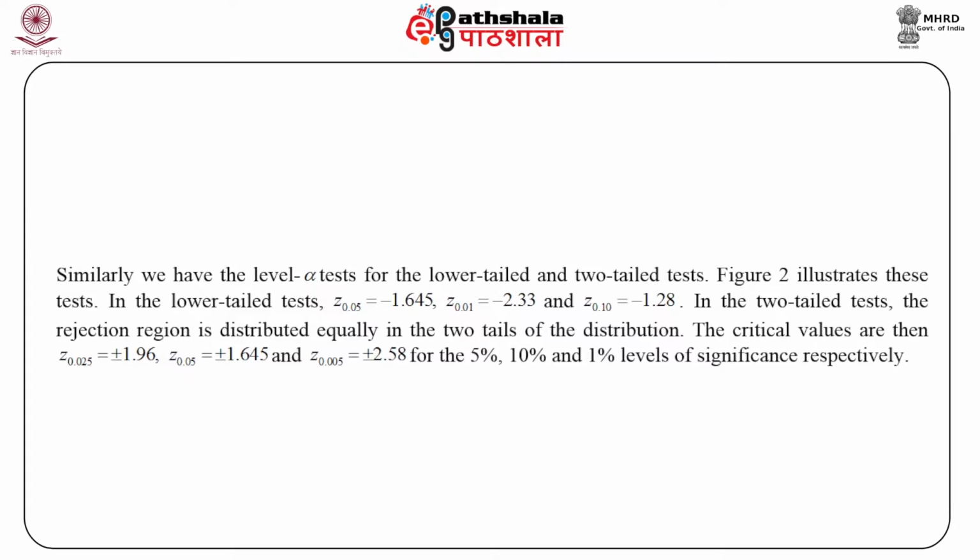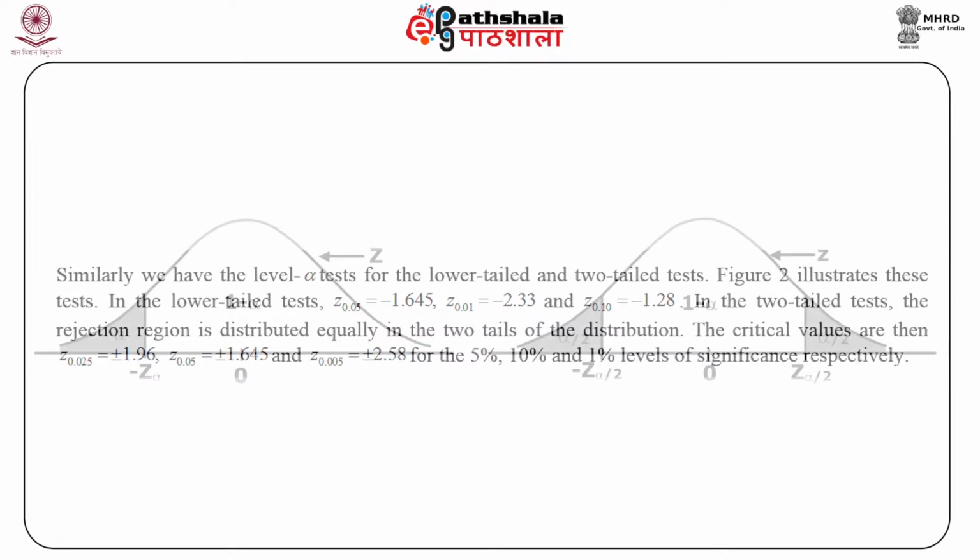The critical values, as I am sure you can recollect, are Z for 5%, which is 0.025, equal to plus or minus 1.96, Z for 0.05 is plus or minus 1.645, and Z for 0.005 is plus or minus 2.58, for the 5%, 10% and 1% levels of significance respectively.